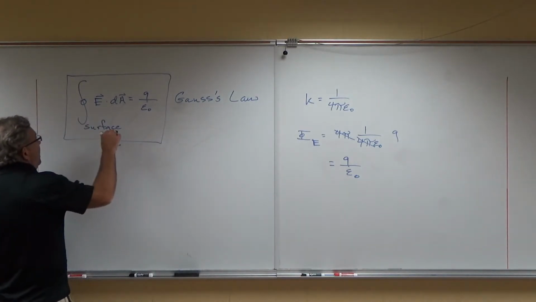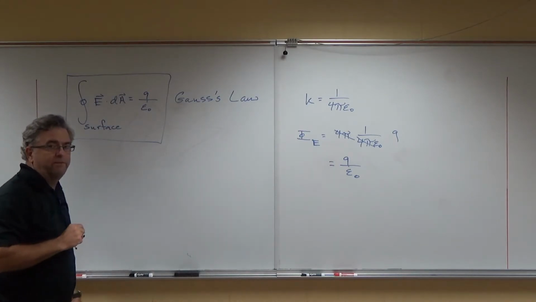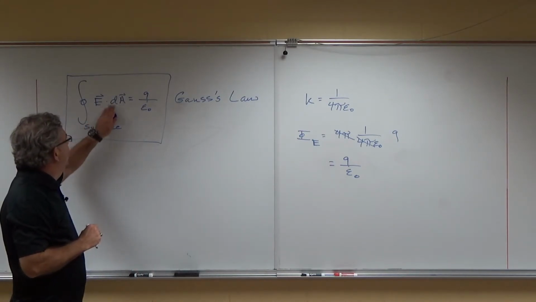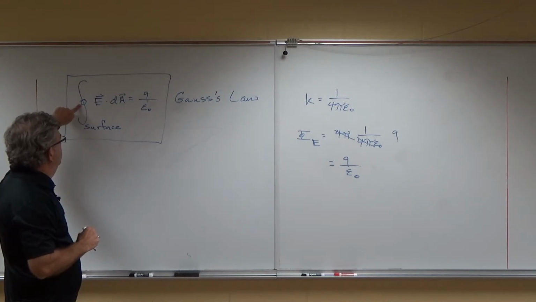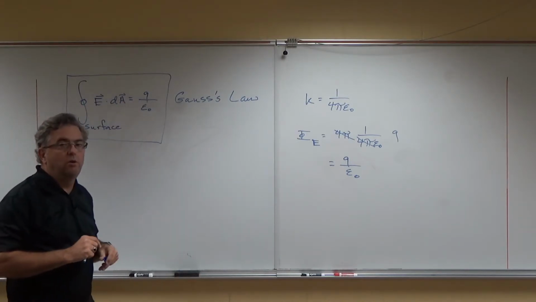It says that if you sum up the flux over a closed surface, if you take E dot dA over a closed surface, you're guaranteed to get Q over epsilon naught.